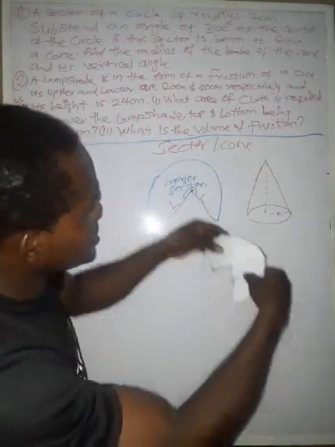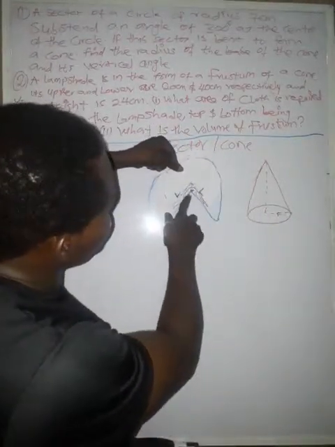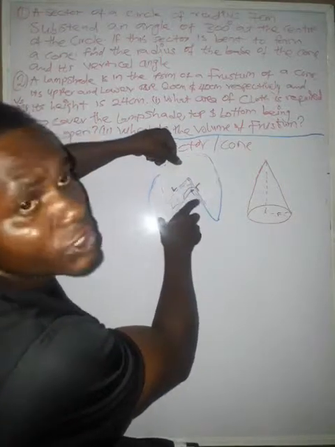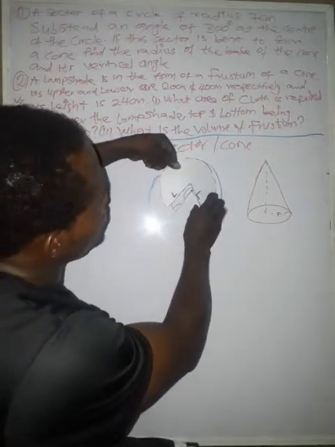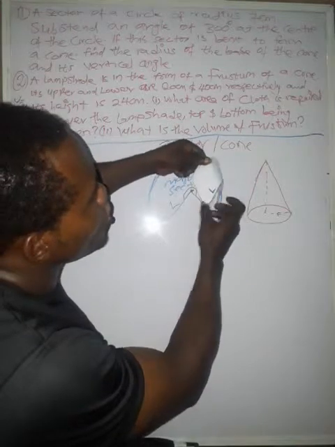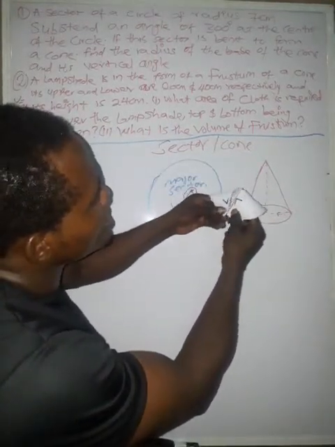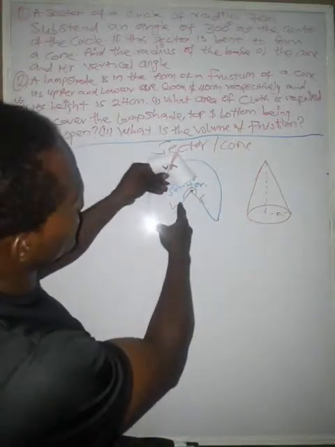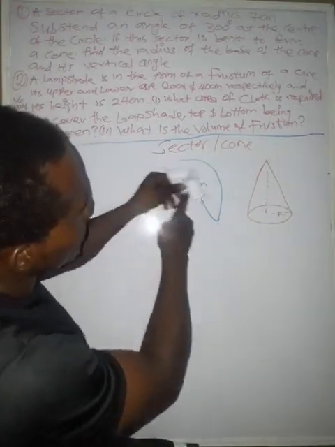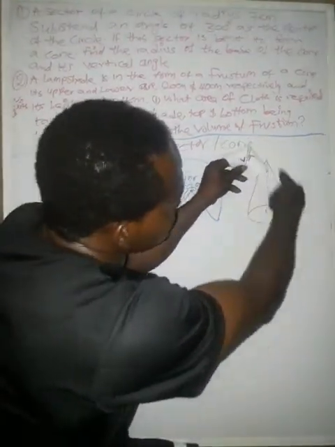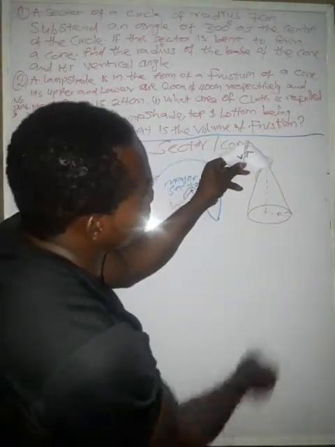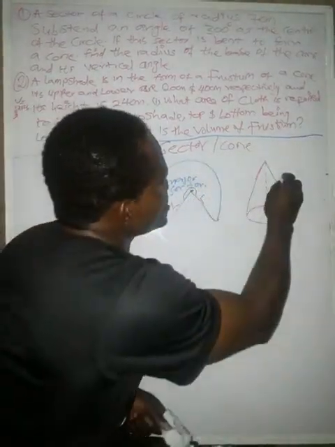You will see that the radius of this sector, by the time you fold this to become a cone, which is L, has become the slant length of the cone, which is the slant height.